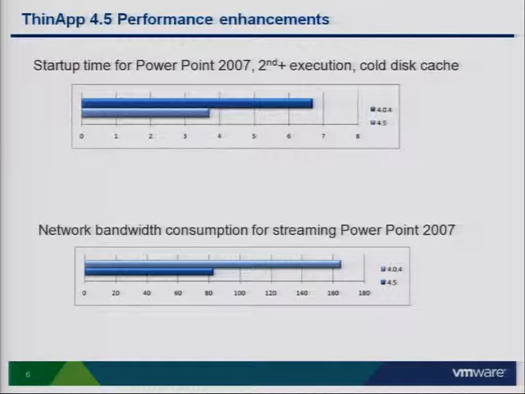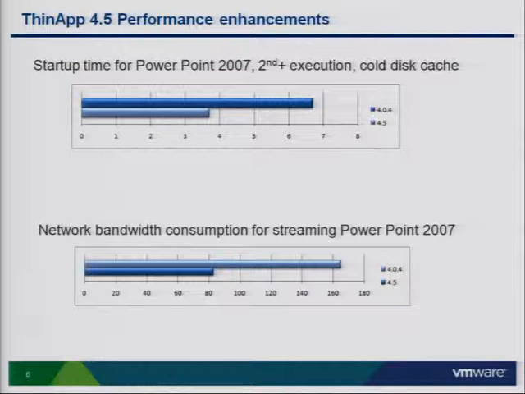All right, here's some of the performance improvements in ThinApp 4.5. One of the things that's important to users is how fast it takes to launch the application. If they're doing this all day long, over and over, they don't want to wait an extra second longer than they have to.